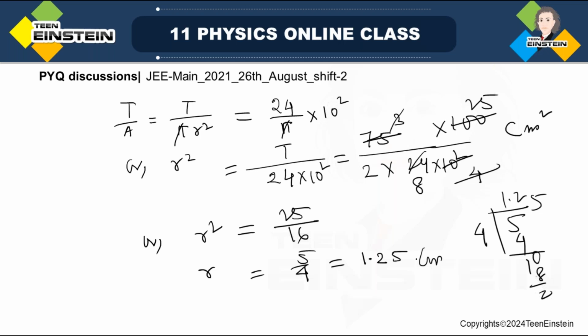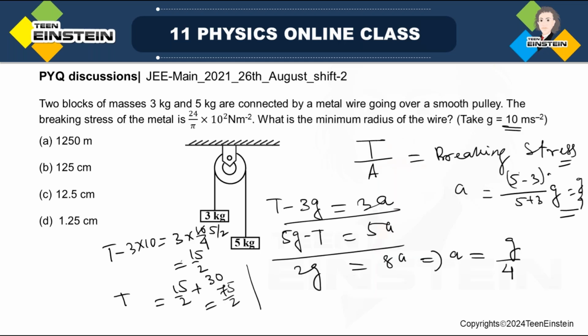Okay, let me just cross check once again. The question seems to be 12.5. So g by 4 is fine.